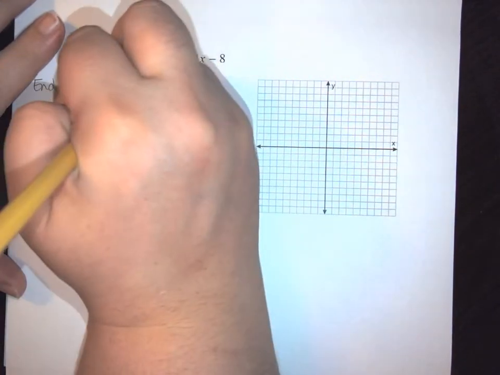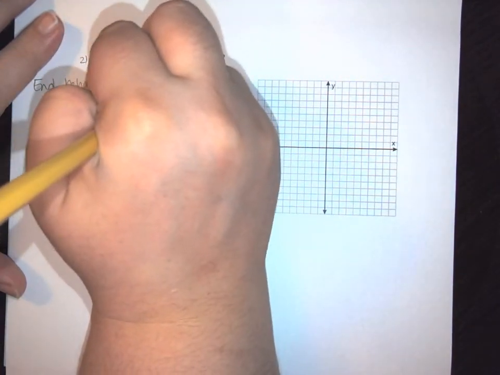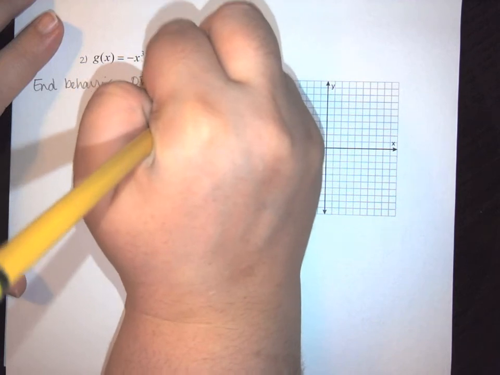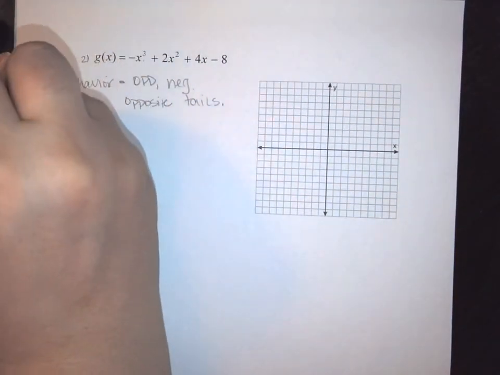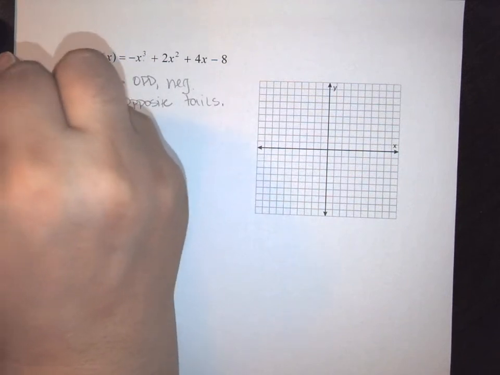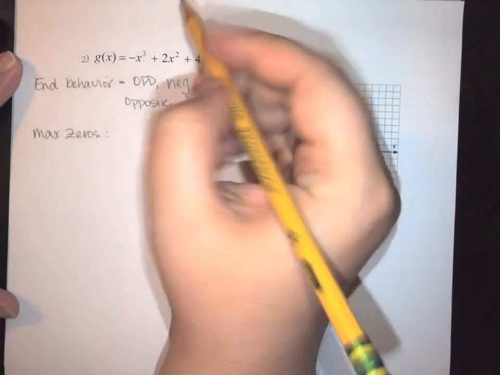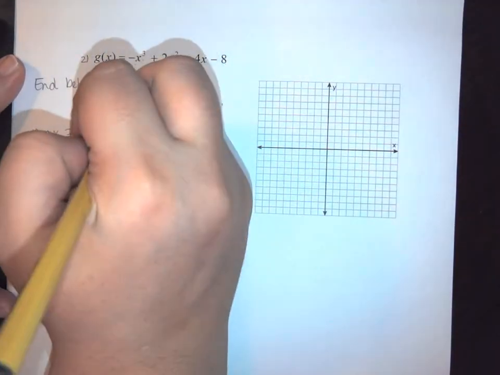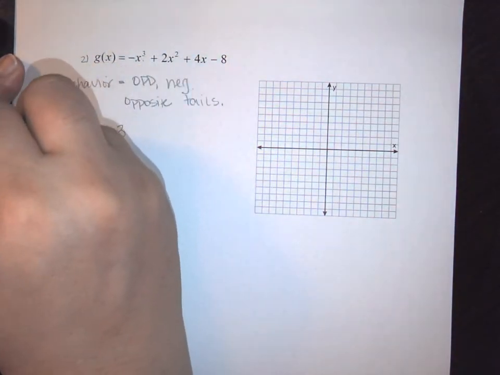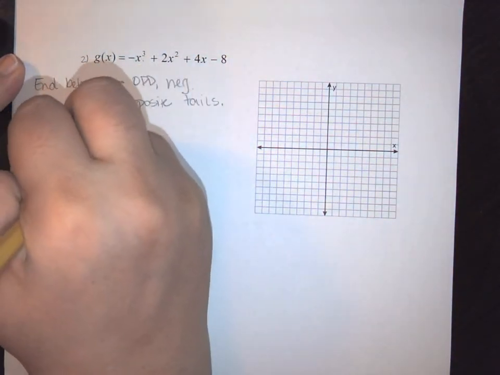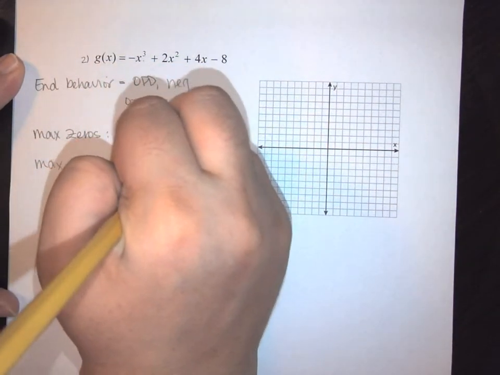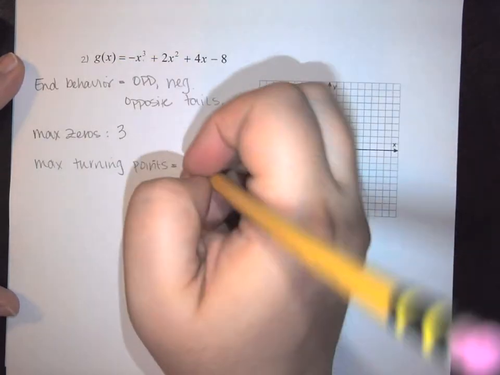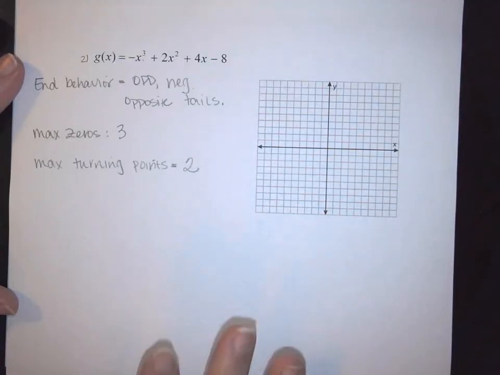So what this means is that we're going to have opposite tails. Now, we need to do your max zeros. Because my highest degree is a 3, the max zeros is 3. And then we have your max turning points. Three minus 1 gives you 2.